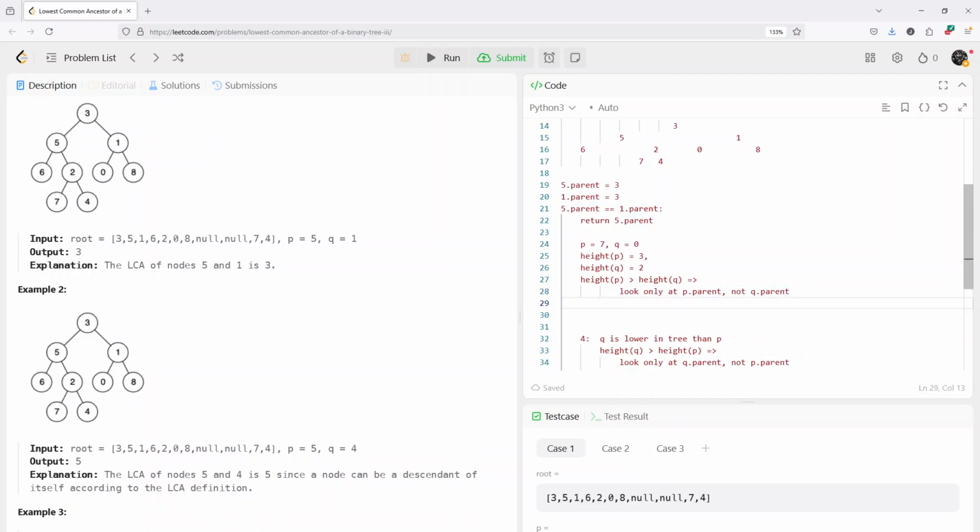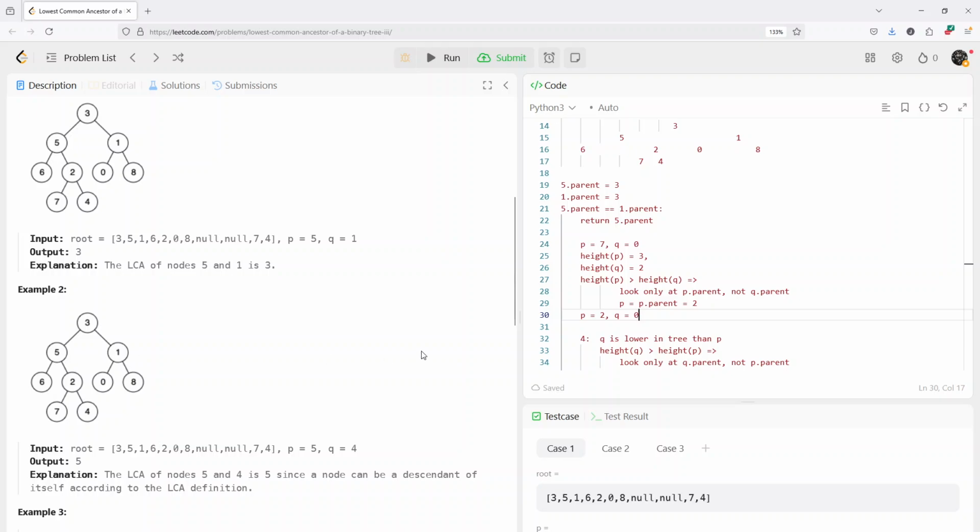So that implies now that p equals p dot parent. P's parent is the 2. So now p is 2, and q equals 0. They're at the same height now, but their parents are not the same.